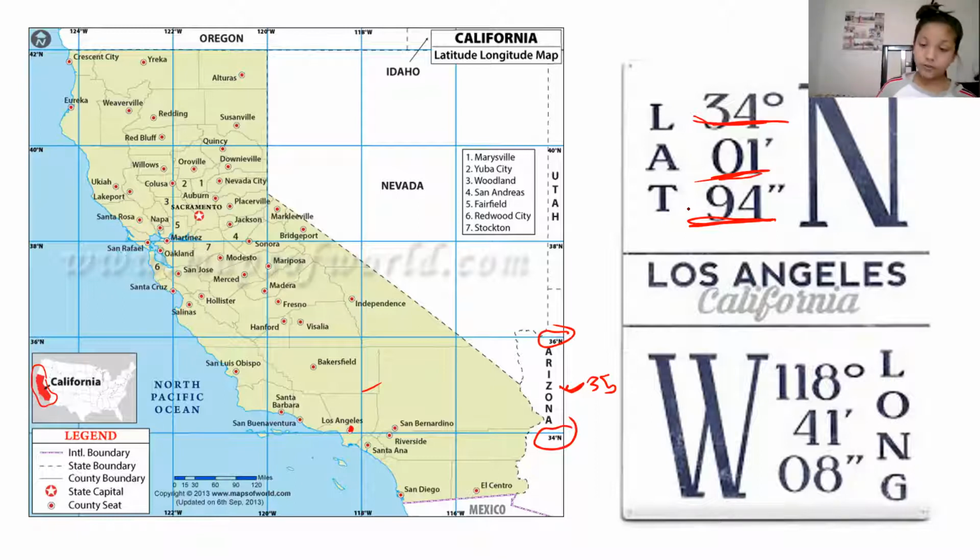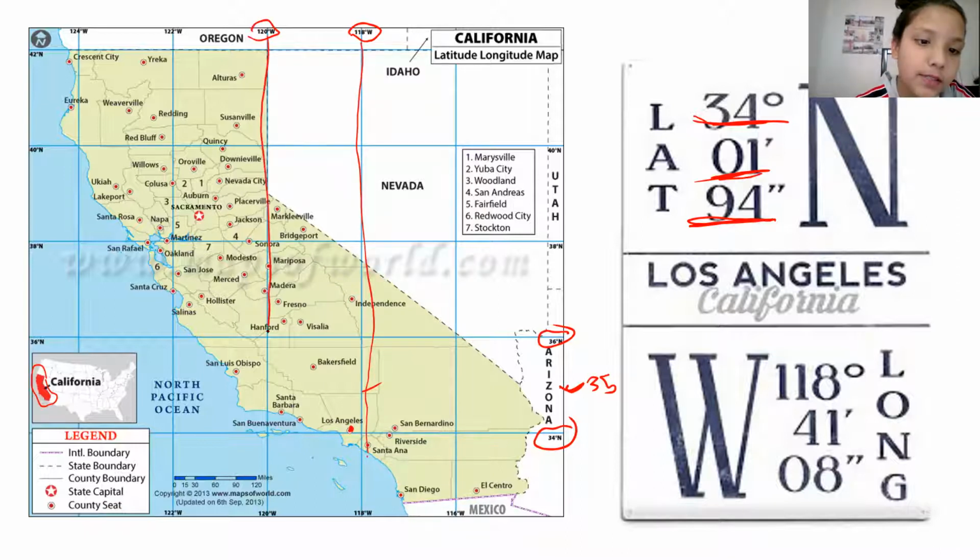Now for our longitude. Los Angeles, as we can see, is past 118 degrees, but not past 120 degrees. So since it's past 118 degrees, we have to write 118 degrees for our longitude. Now for the minutes, we're going to divide this into 60 equal parts.